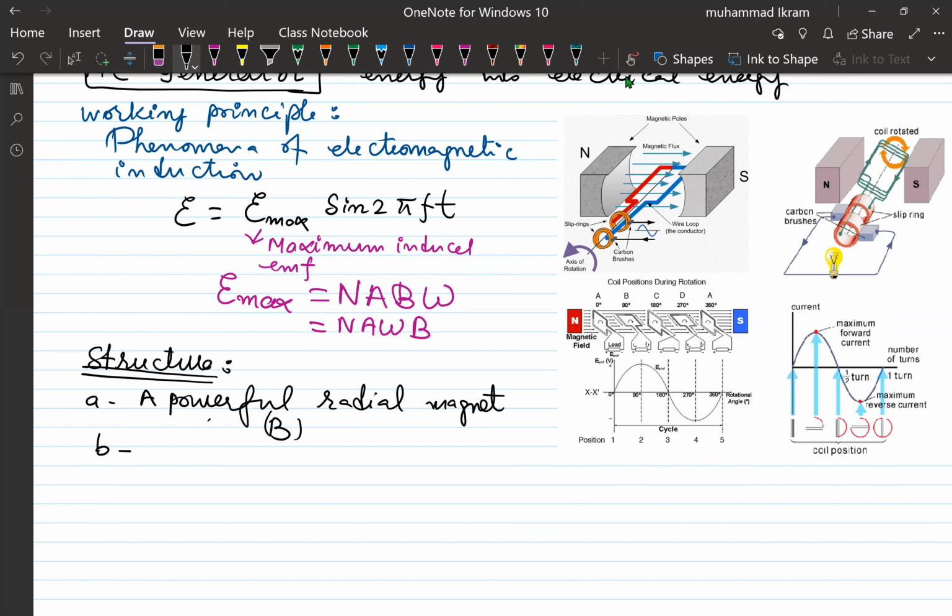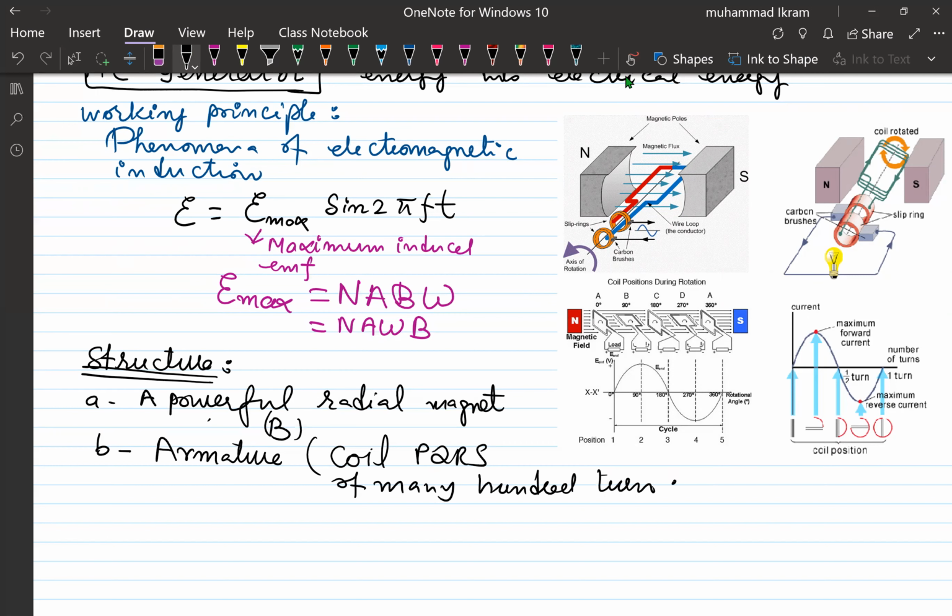And we have another part, the armature. Armature is in fact the assembly of the coil and the axle on which the coil is mounted so that it can freely rotate. So it includes a coil, let me label the coil as PQRS, of many hundred turns.